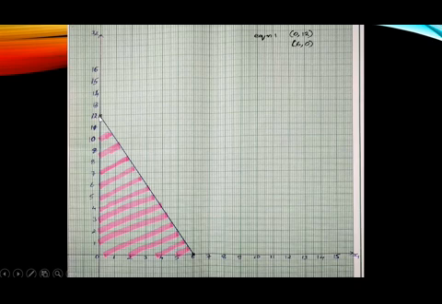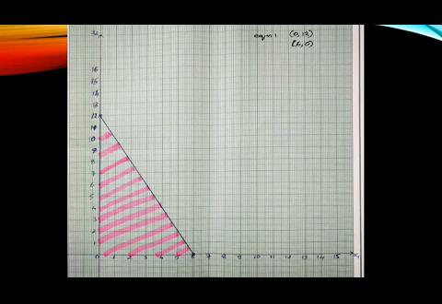So this is the first point. Next point is 6, 0. 6 along x1 and 0 along x2. So this will be the point. So I've got 2 points, and I will join these 2 points with a straight line. Fine. So I got a straight line by the points.